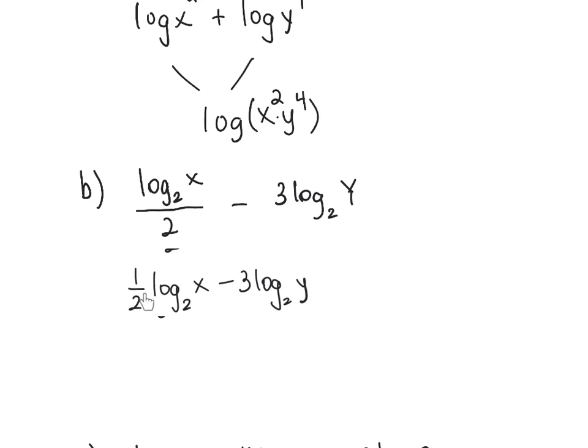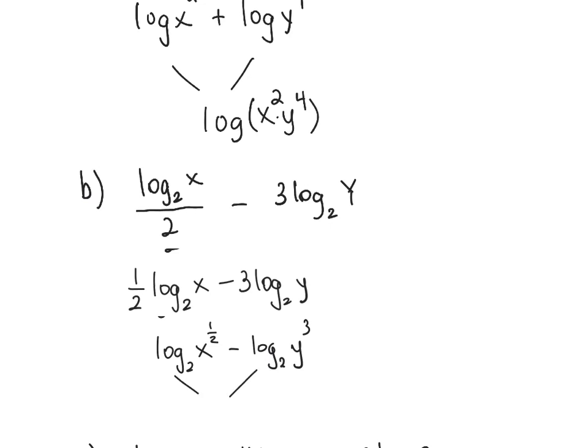Now the reason I'd want to multiply it by 1/2 is now this is the power property. I have a coefficient of 1/2, which means I can move that 1/2 up to the top as an exponent of x and write it as log base 2 of x to the 1/2 minus log base 2 of y cubed. And now that there's no coefficients in front of the logarithms, we can condense.